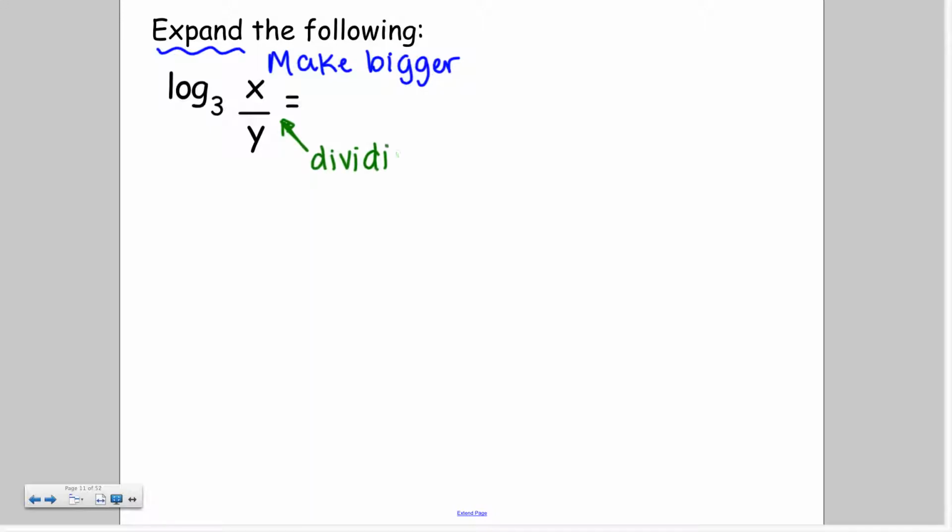So if you look back at your notes on the page before, when you divide, that means I'm going to subtract. And I'm going to keep the same log base for both of those.